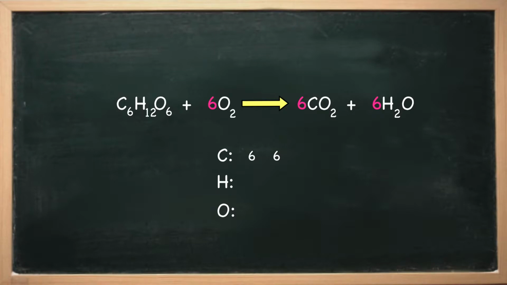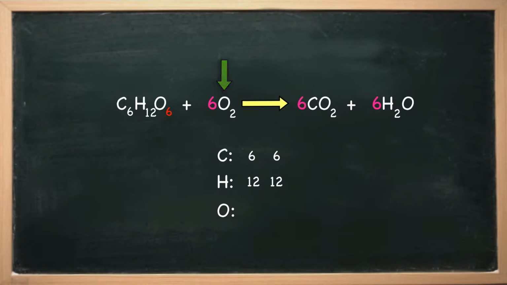Now let's go down to hydrogens. In glucose, we have 12 hydrogens, and on the right side, we have 2 hydrogens, but there's a coefficient of 6. So 2 times 6 is 12. So the hydrogens are balanced. Next, we go to the oxygens. On the left, we have 6 in the glucose molecule, plus notice we have 2 oxygens times a coefficient of 6.